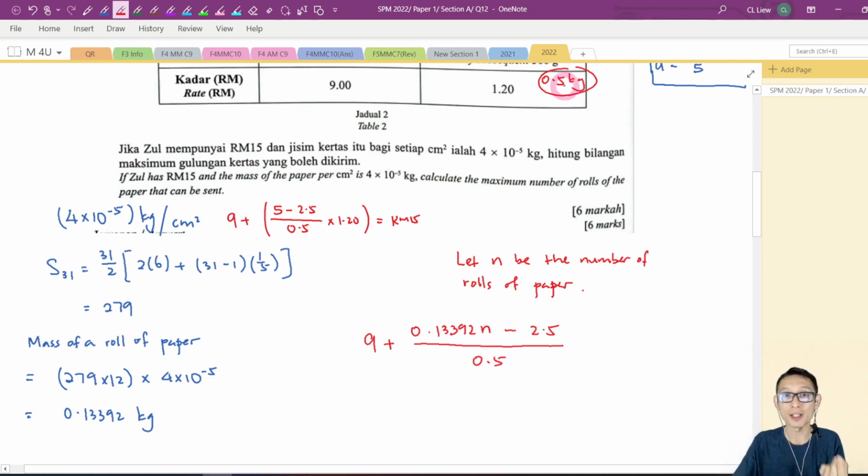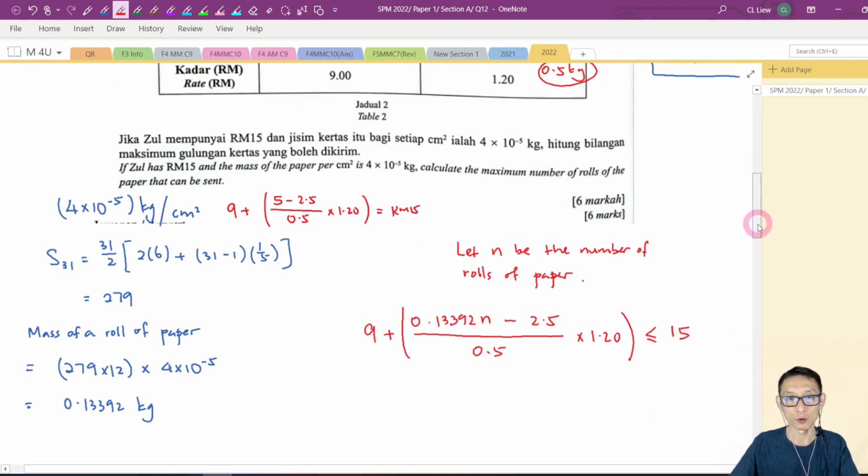We want to know how many 0.5 do we have here. 1 0.5, you will need to pay 1 ringgit and 20 cent, times 1 ringgit and 20 cent. Okay, now less than or equal to 15 ringgit, because he only has 15 ringgit. Definitely the charges cannot be more than 15 ringgit, right? So now I want to find the range of n, and then the final answer will be the maximum value of n.